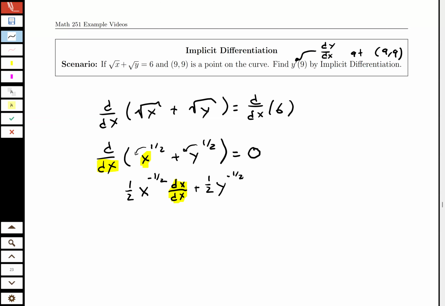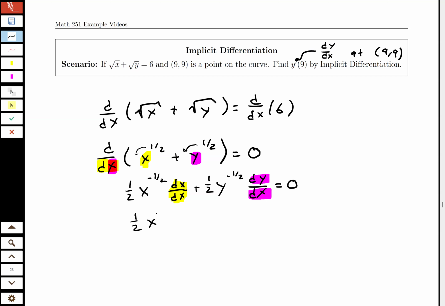I take 1 away from the power. I have taken the derivative of y with respect to x. So I have taken the derivative of y, dy/dx. Anytime you're taking the derivative of the variable with respect to itself, that's just 1.